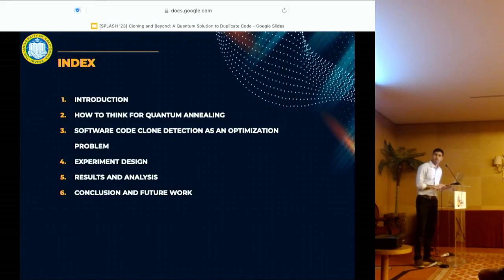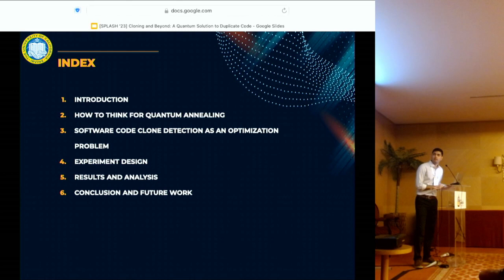So I'm going to start by first introducing what we are trying to do and the significance of our research, and then dive a little bit into how to think for quantum annealing, which is essential to completely understand the concept behind quantum annealing and quantum computers to solve problems on them.